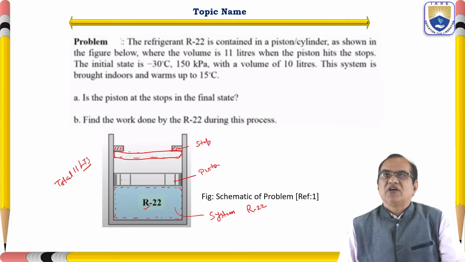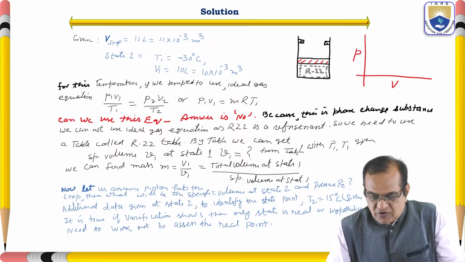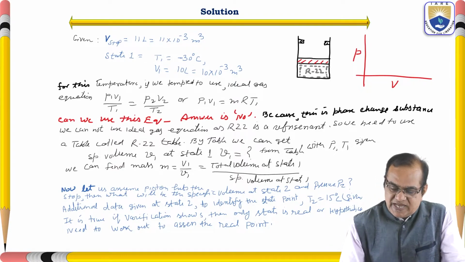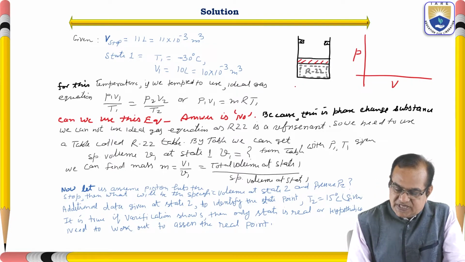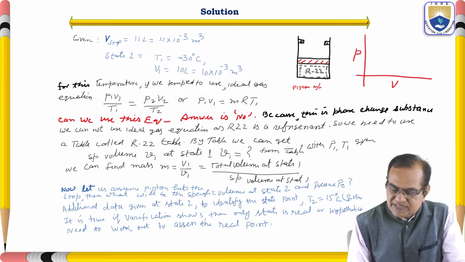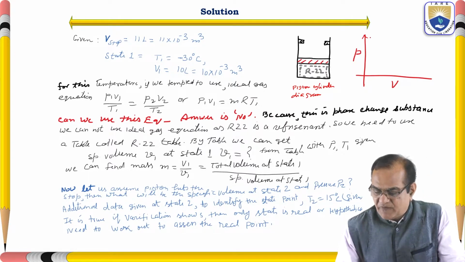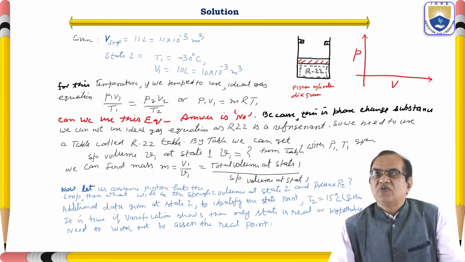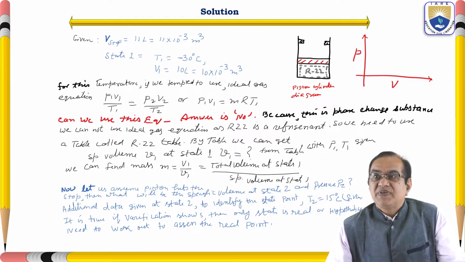Let's see how we can go about it. First we have to draw this piston cylinder diagram, and for this type of problem we have to draw the PV diagram.